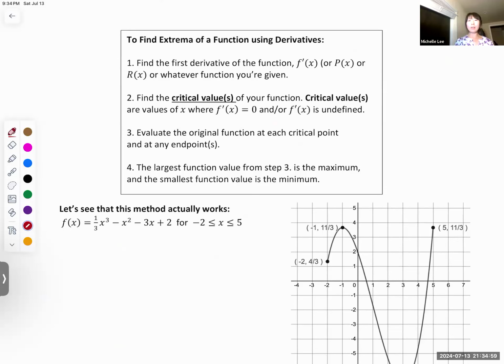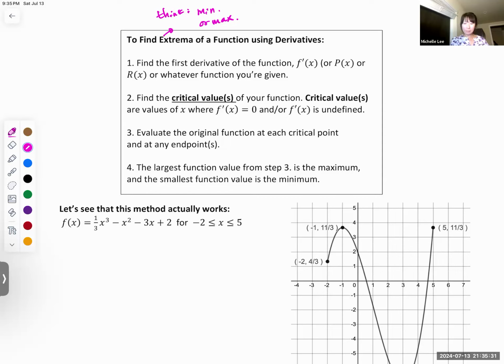So extrema, we omit absolute and global, and just simply say minimum or maximum. Let me denote it this way. Okay. There's a strategy. Number one, find the first derivative of a function.